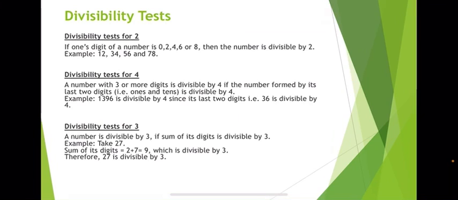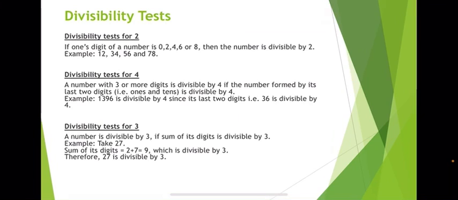Next is the divisibility test for 4. A number with 3 or more digits is divisible by 4 if the number formed by its last 2 digits, that means the number at its ones place and tens place, is divisible by 4.